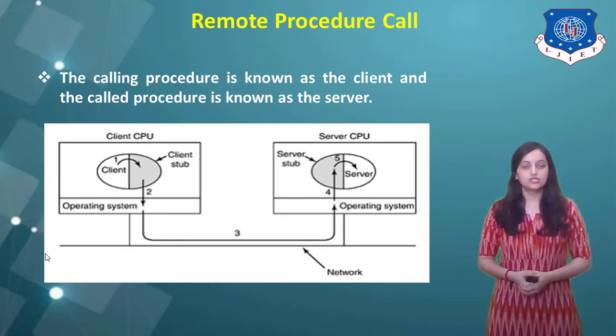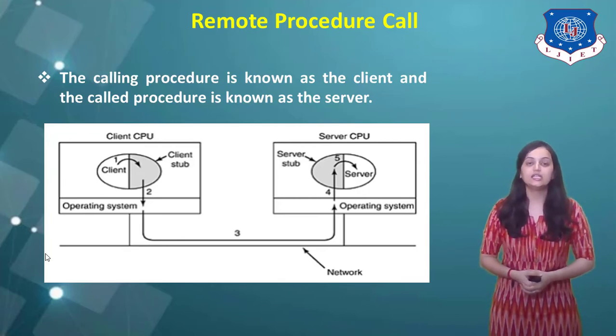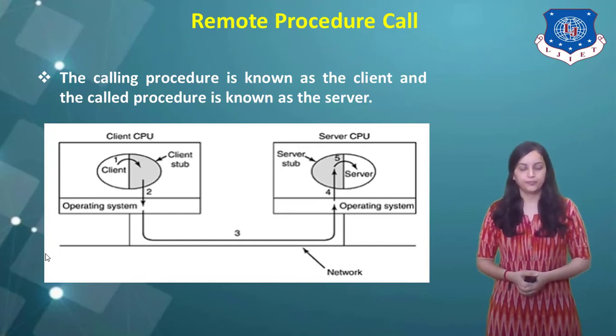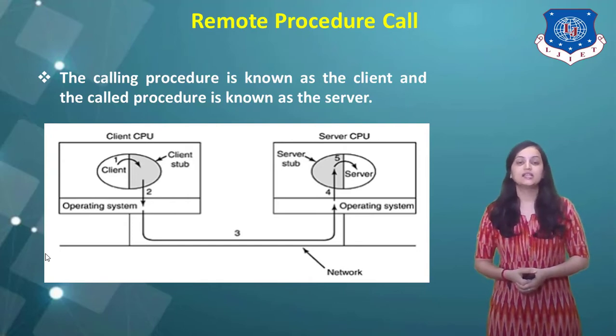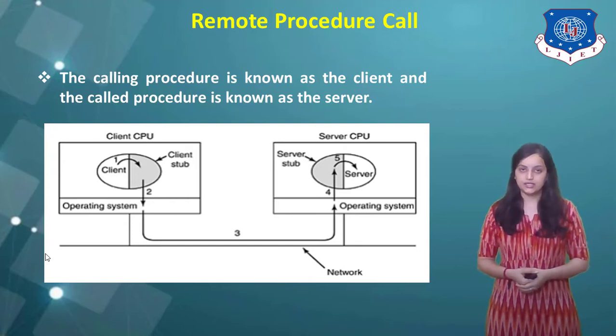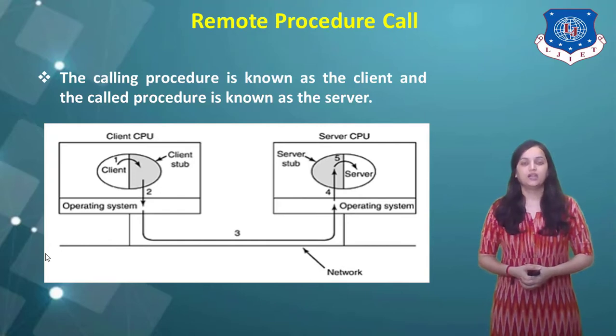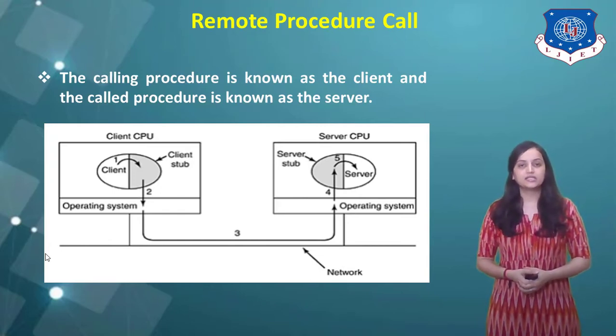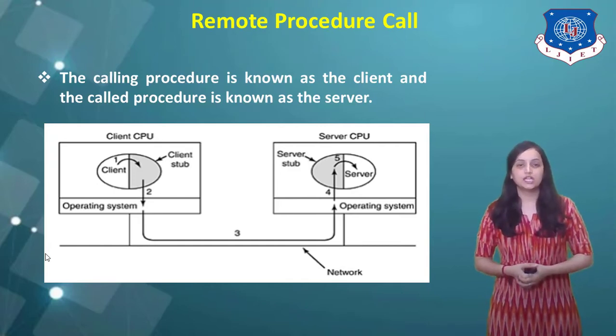So the first process when the call is initiated is that the client accesses the client stub. Now the second procedure is that the client stub accesses the operating system, that is OS, and it makes the data transfer using the network. So the operating system accesses the network to send the data using encapsulation or such methods.